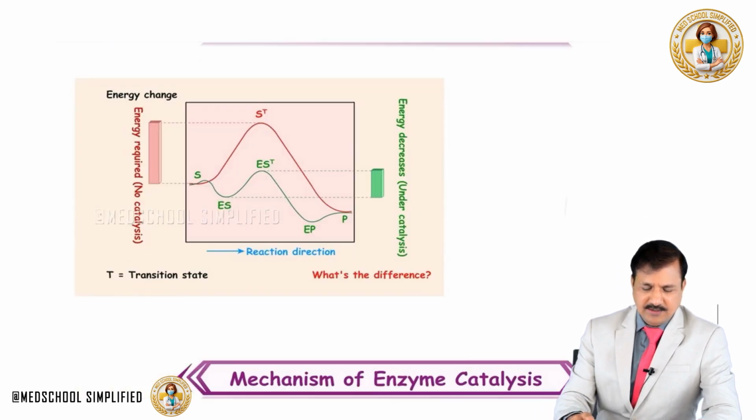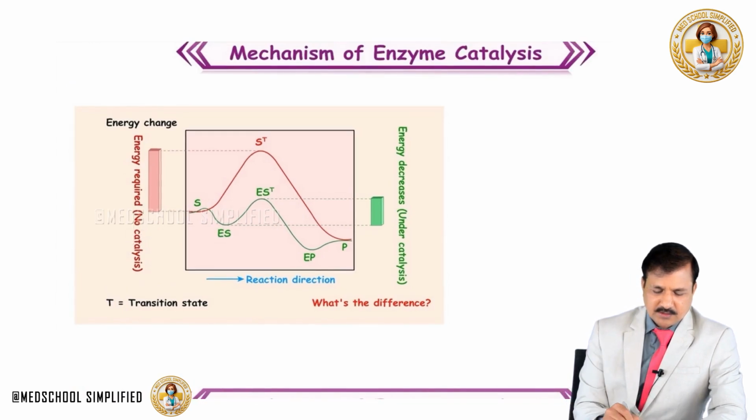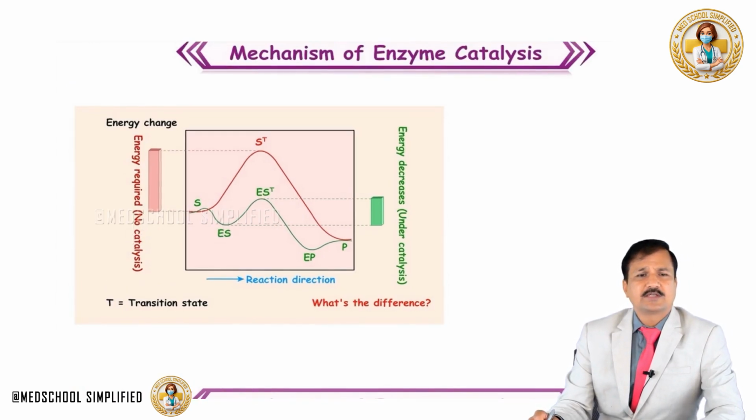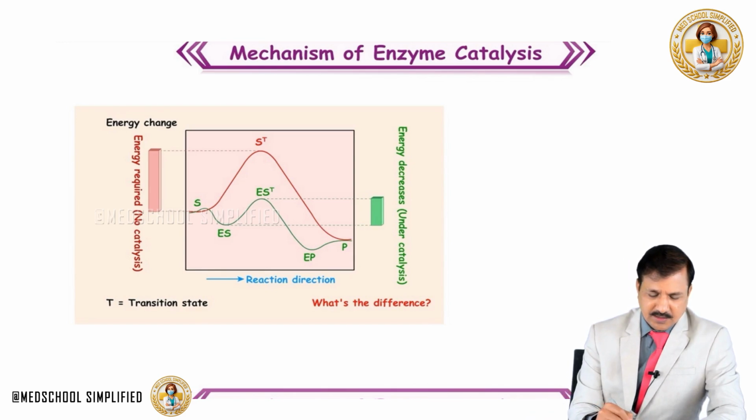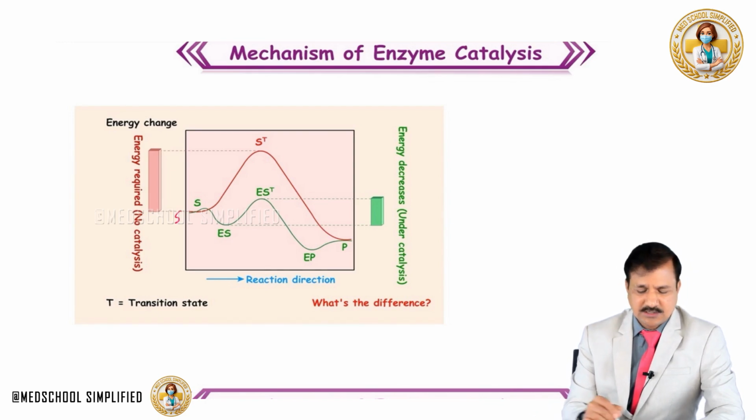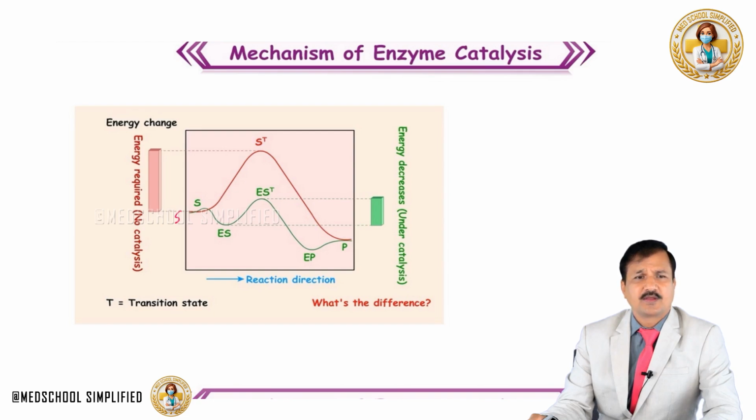Now look at the graph here. There are two lines. One is whenever a substrate is converted into product without any enzyme-mediated action. That's the red line you are seeing here. The substrate is initially converted into the substrate transition state, and from there it falls into a product.